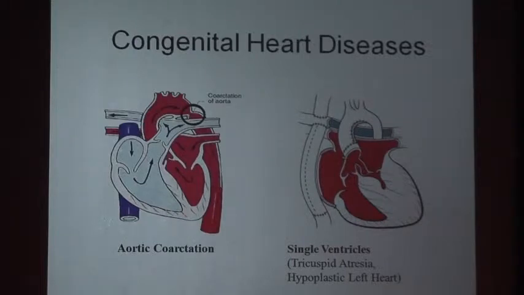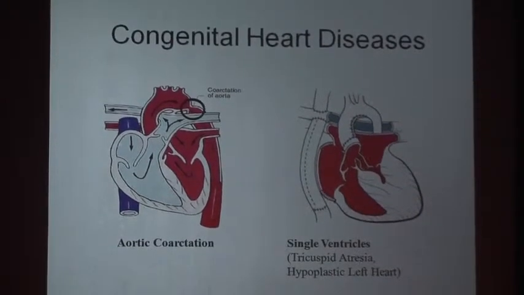And that creates an obstruction, sometimes a very significant obstruction, that ultimately the heart has to overcome to be able to pump blood down to the rest of the body. And the result of that is blood pressure in these patients is much higher. The heart has to do much more work, etc. And I'll talk more about this condition later.